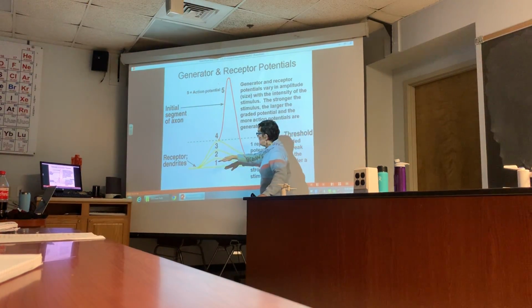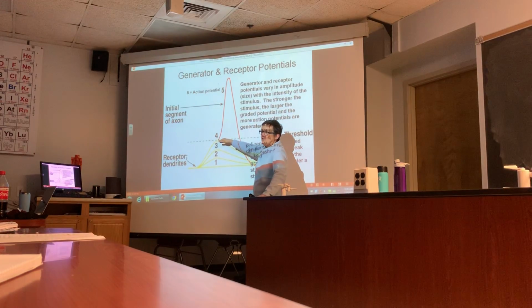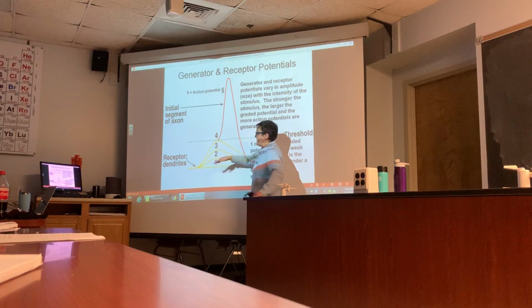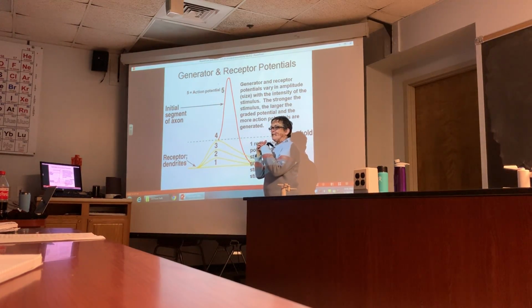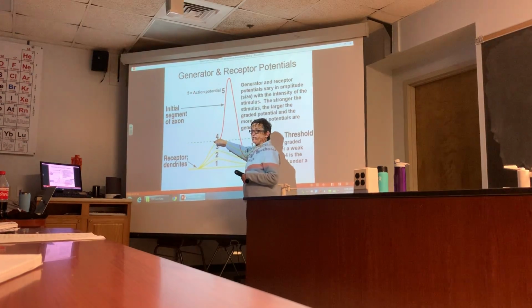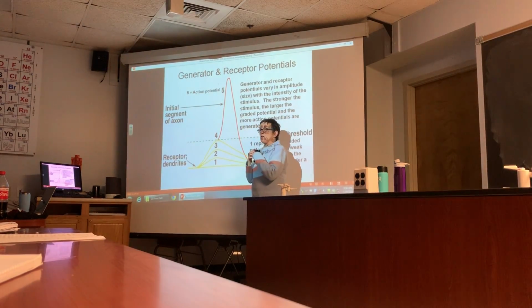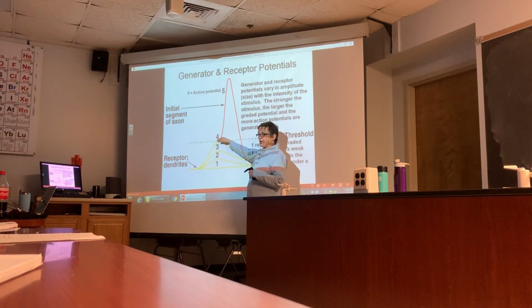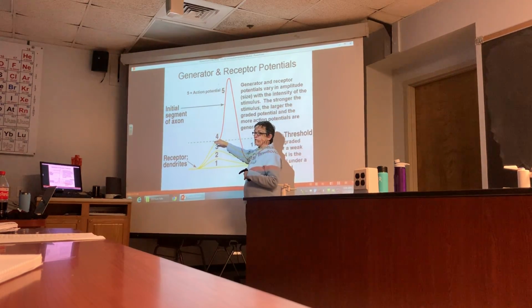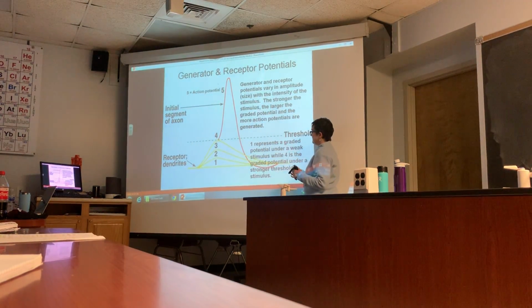So you have to either summate weaker stimulation, with more and more of it summating to threshold, or you can have a very strong stimulation that gets you to threshold. Either way, to generate an action potential, you have to hit threshold, which is about negative 55 millivolts.